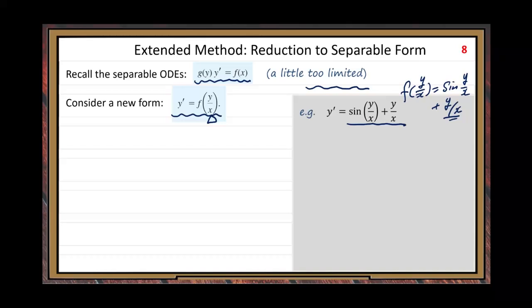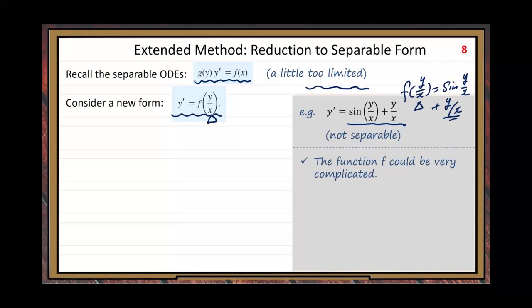But the good thing is we have a chance. We can take advantage of the special structure of the part inside the parenthesis, this part. So what to do? In this question, f is very simple, but in the general situation, f could be very complicated.